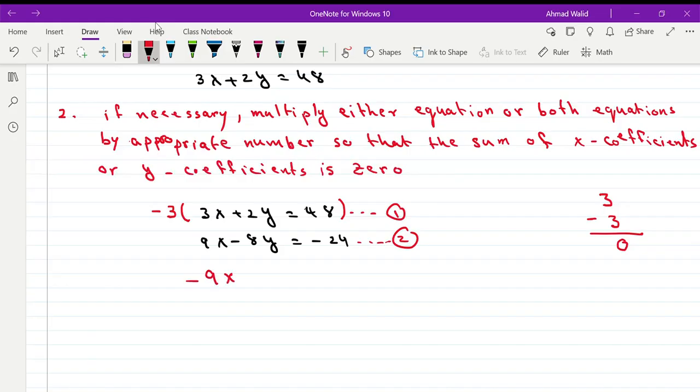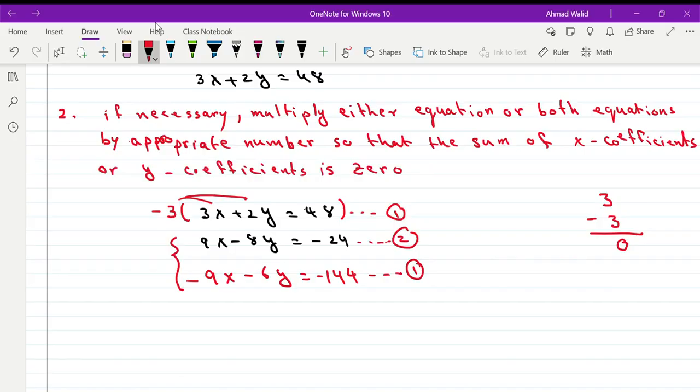And negative 3 times 2y gives you negative 6y, equals negative 3 times 48, negative 144, correct? Now, this becomes equation number 1, and if you add these two, you see 9x and negative 9x cancel out each other.